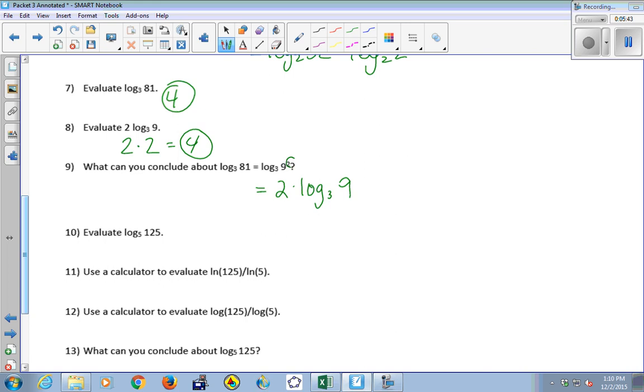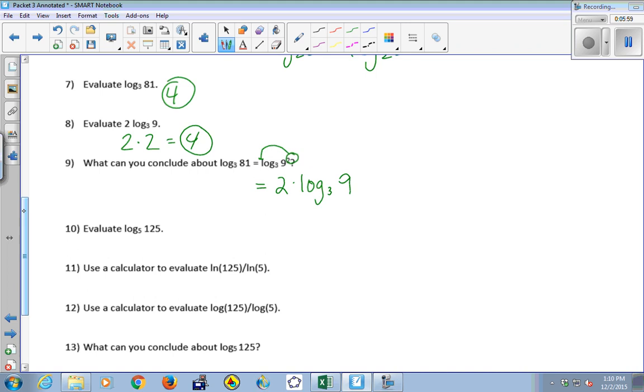So it looks like you can just take that exponent and put it down in front, and you'll get the same answer. So that's another important property of logs we'll go over more specifically in the demo. This is just to give you a little taste.